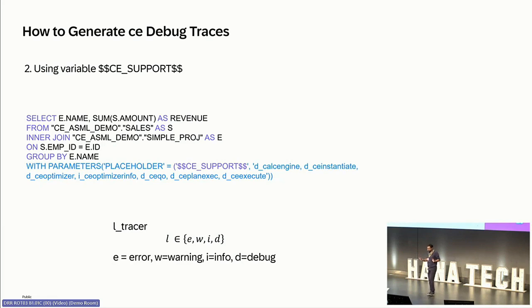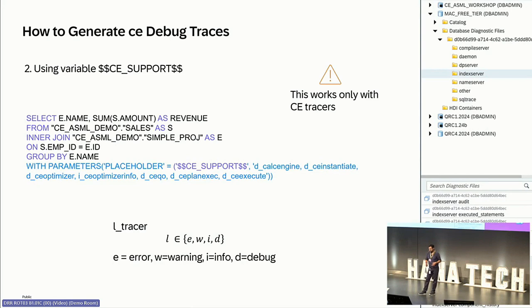So the syntax is easy. It's a letter, which denotes the debug level, underscore the tracer. And then when you run it, you get the file. This, by the way, only works for Calc Engine. It's not a feature that is supported by all components.